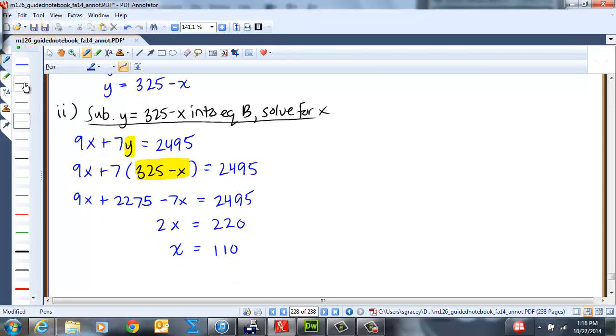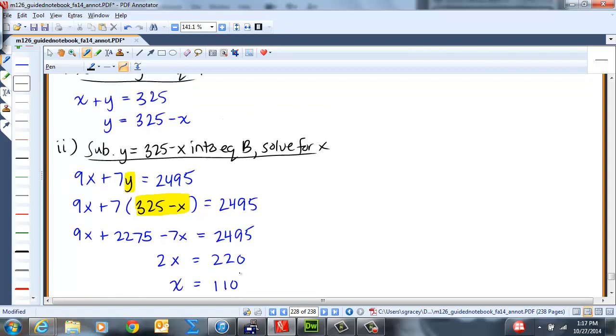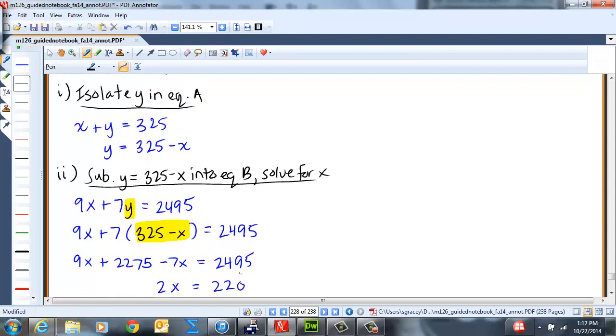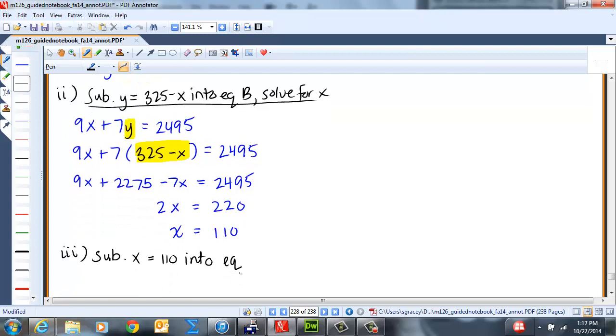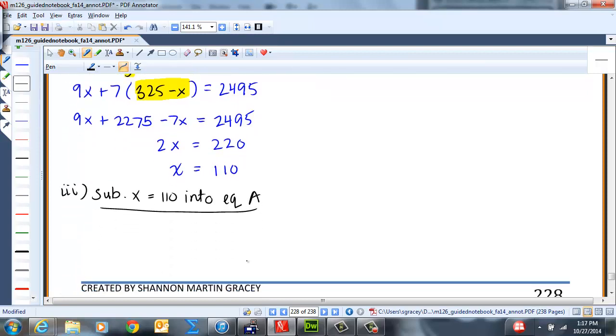So third step would be substitute x equal to 110 into equation. Which one should we do? Just do the first one. x plus y is 325, equation A. So we had x plus y is 325.